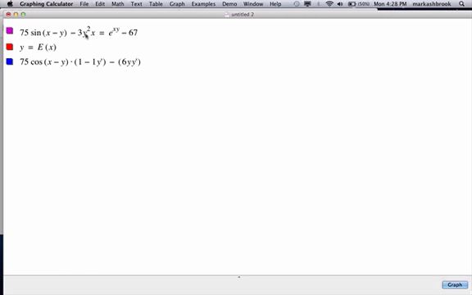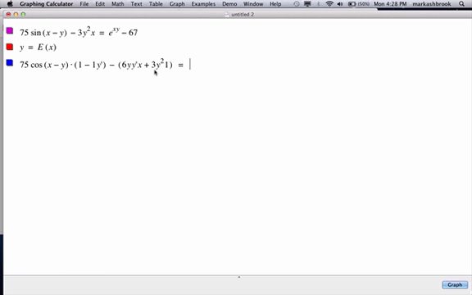So that's the derivative of the first times the second, plus the first times the derivative of the second. The derivative of x is just 1. So this whole thing right here is the derivative of 75 sine of x minus y, minus the derivative of 3y squared x, which is a product rule.